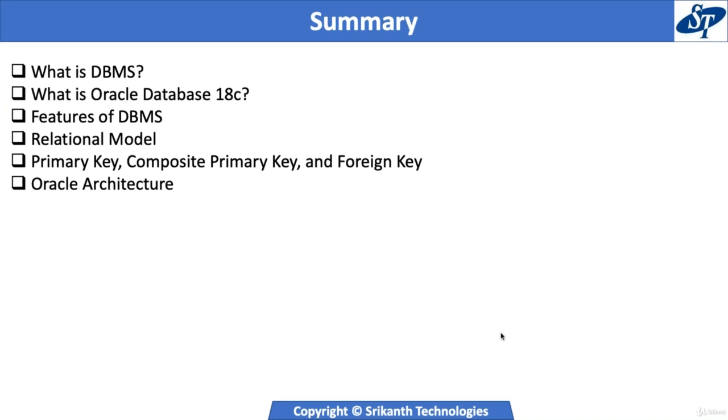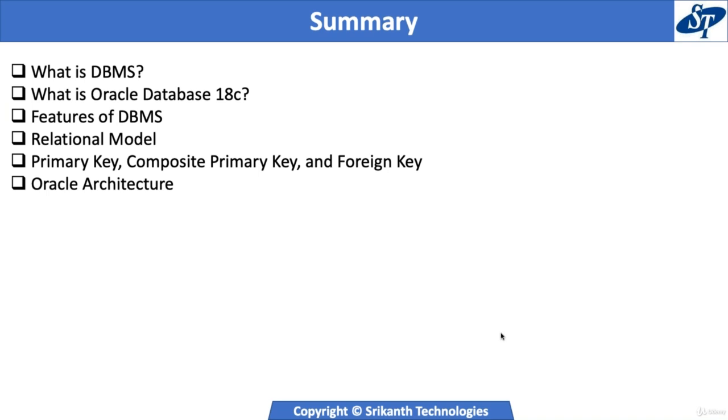And then we understood features of DBMS. DBMS is very, very important for any corporate. It provides numerous features, and we looked at some of the important features like integrity, security, sharing, concurrency, backup, etc. Then relational model is the model we are interested in. It is very easy to understand and the most widely used model.